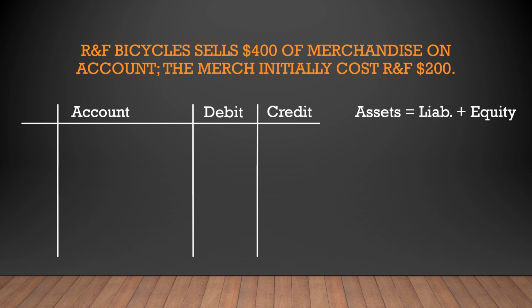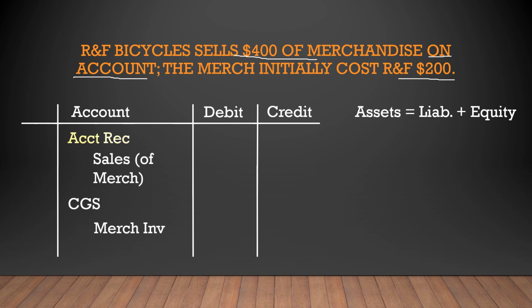What if R&F sells $400 of merchandise on account? That merchandise originally cost R&F $200. Remember, on account means this is a credit sale. These journal entries will be nigh identical to our previous one, except we'll debit accounts receivable instead of cash.